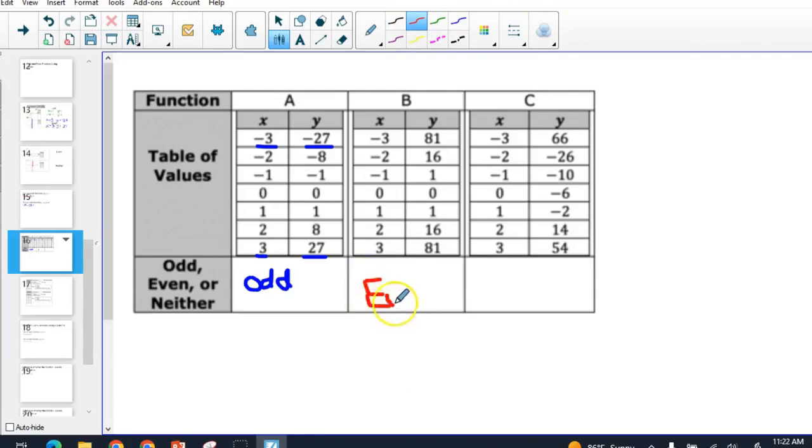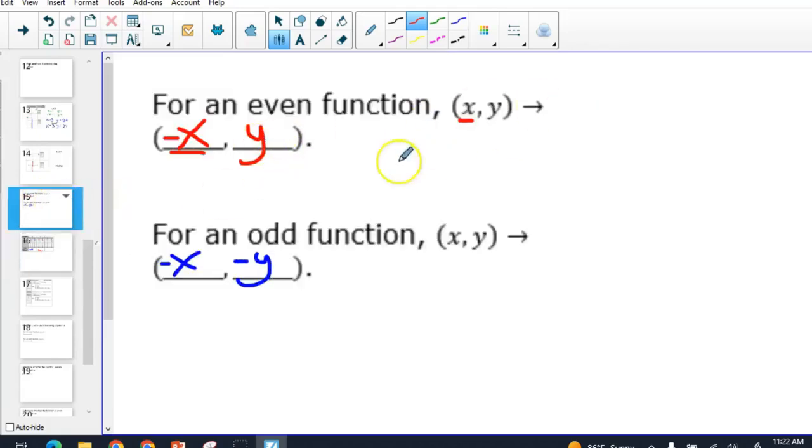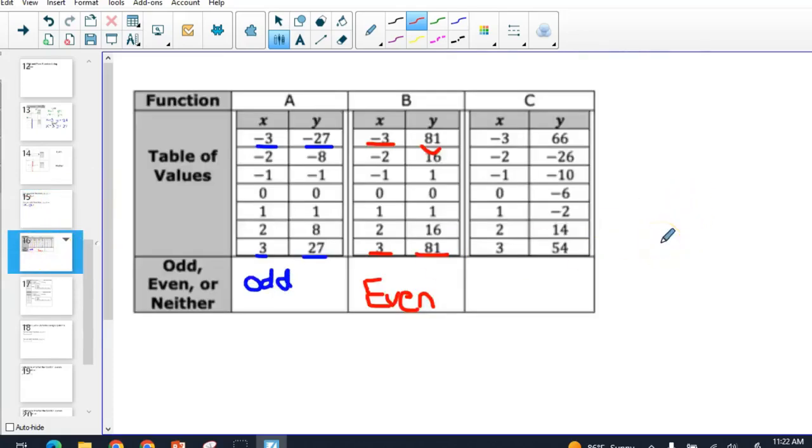The reason it's an even function is when I switch my x values, positive to negative or negative to positive, our y value stayed the same, which was our rule for even functions.